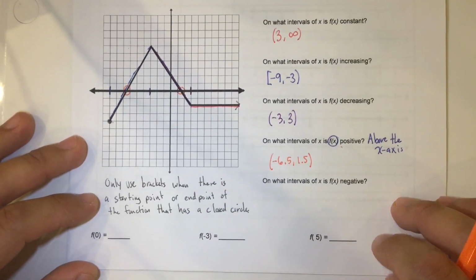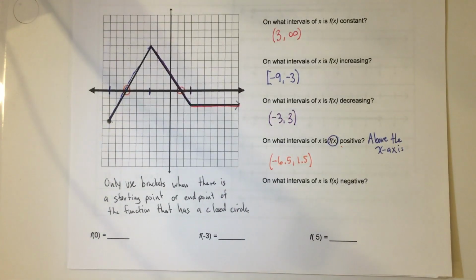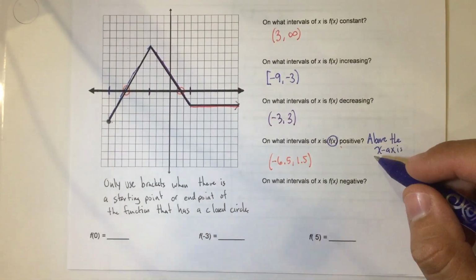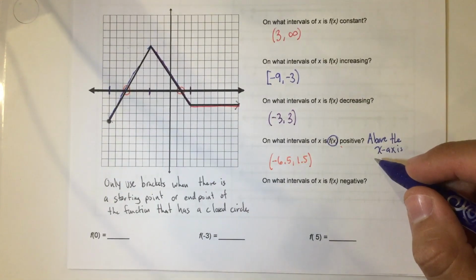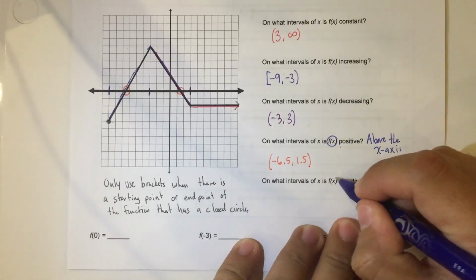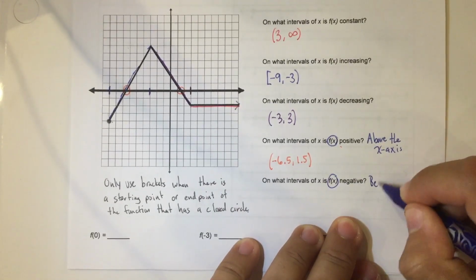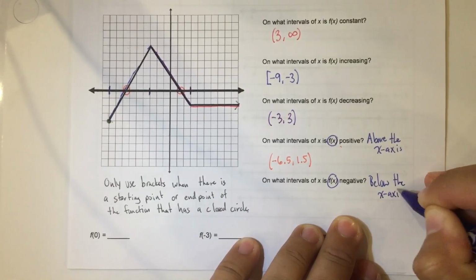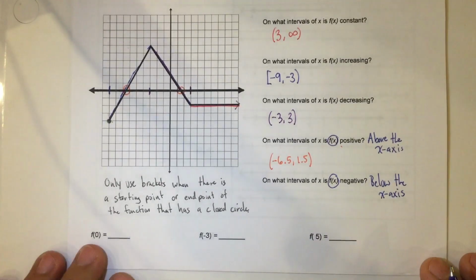Okay. Now last, on what intervals of x is f of x negative? So once again, when we say negative, we don't mean where is the graph going down, where is it decreasing. We mean where is this function below the x-axis. So where is this graph below the x-axis?